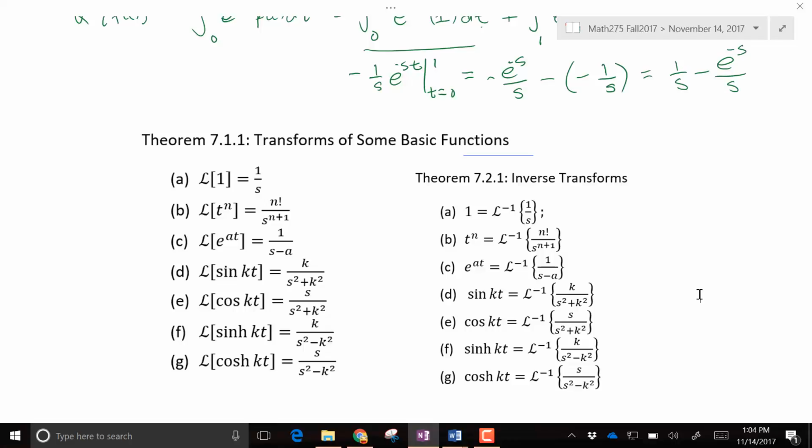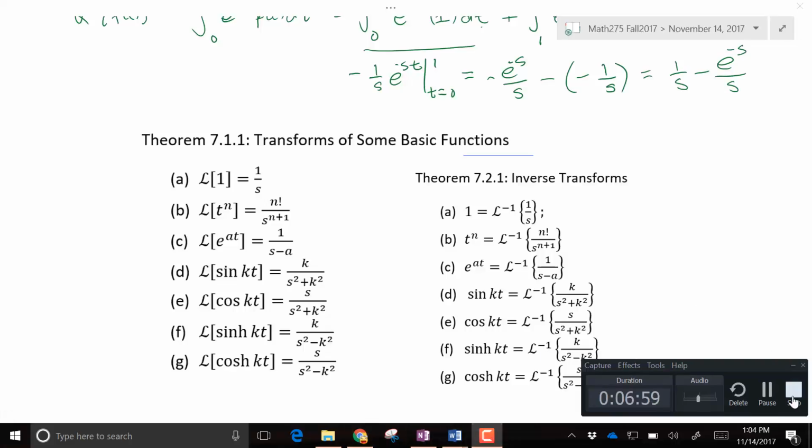I'll give you about half an hour to work on a worksheet where you're just finding the integrals to go to the Laplace world. And then we'll gather ourselves and do some examples to come back to the real world from the s world to the t world. Okay, pause this.